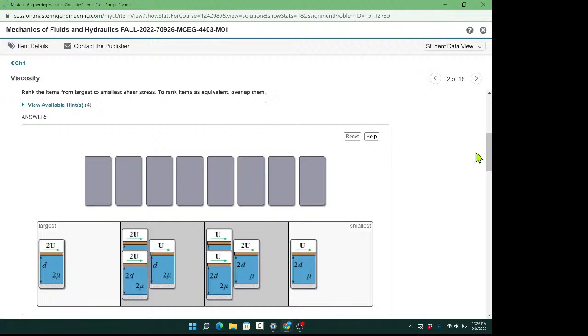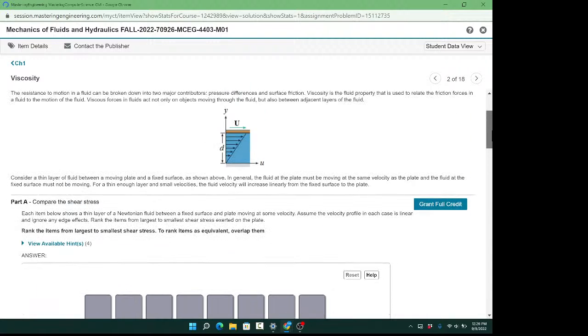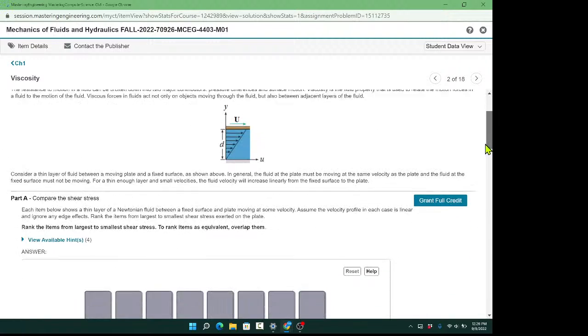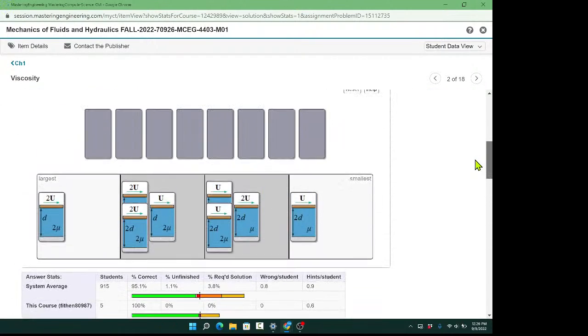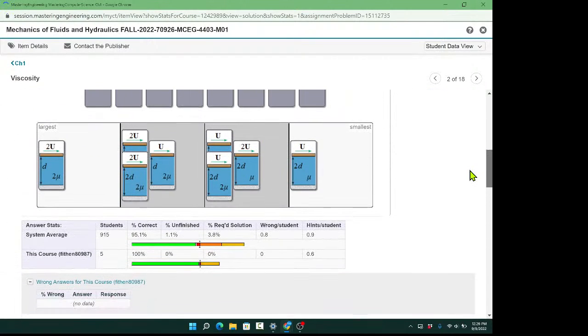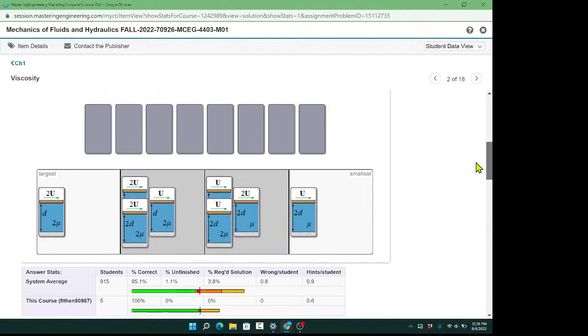Well, where's the problem? Why do I not get to work the problem? I thought that'd be kind of cool. Just kind of drag it and drop it. You're grabbing them and dropping them.